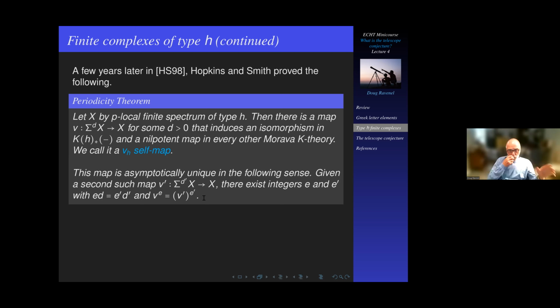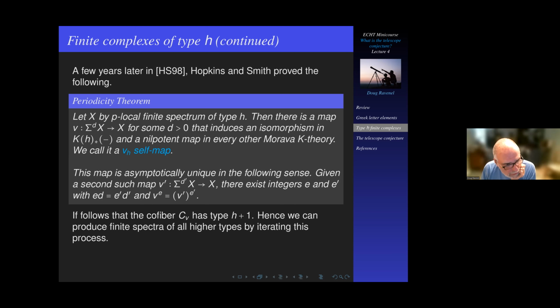So one power of one map is equal to another power of another map. So if you iterate these maps the right number of times, they become equal. Now, it follows from this that the cofiber of this map v has type h plus 1. This means that we can produce finite spectra of all higher types by iterating this process.